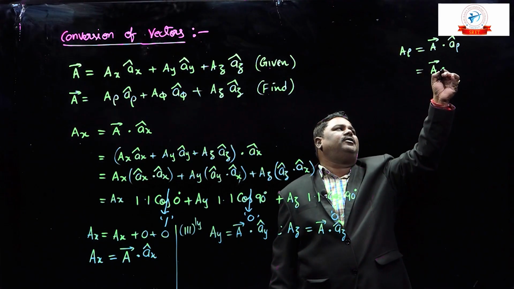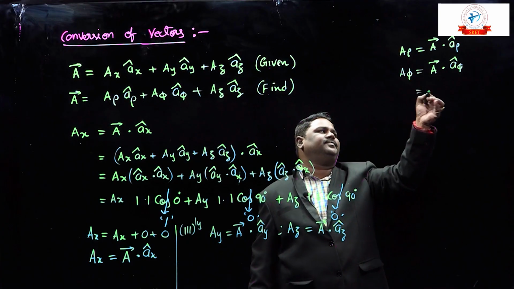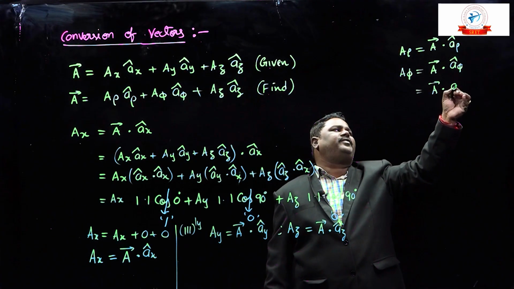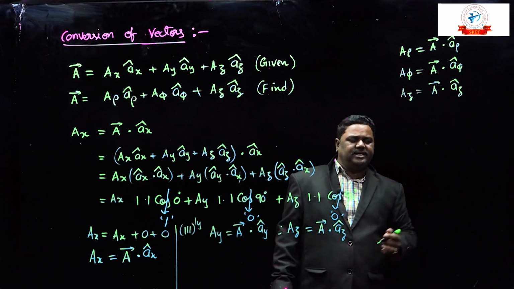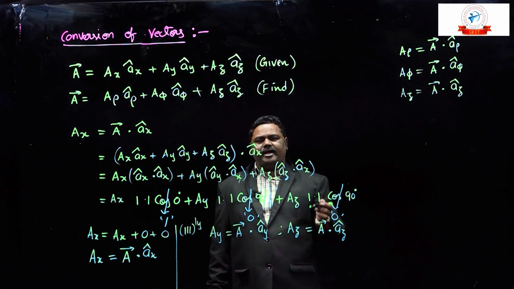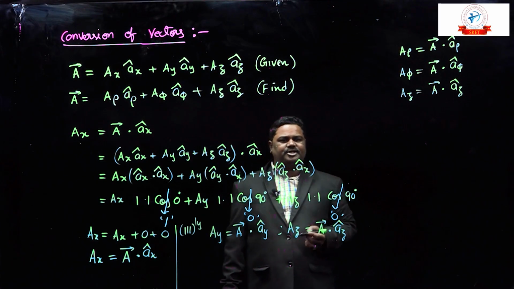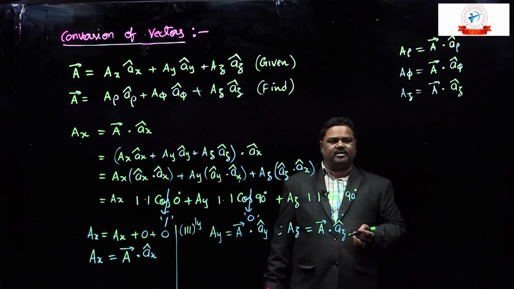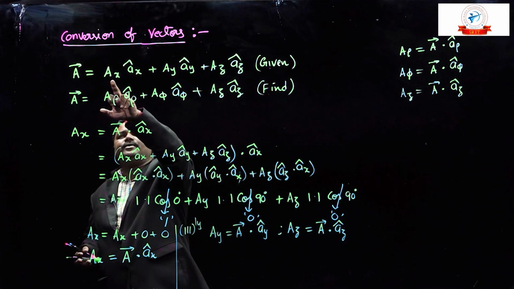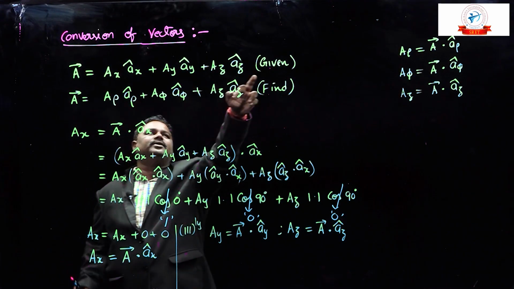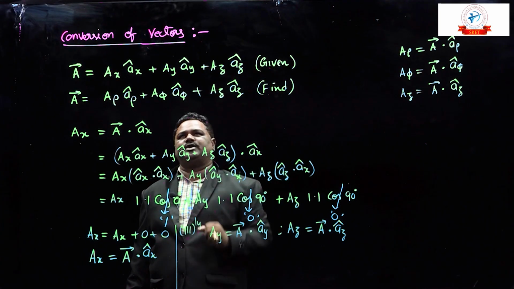A bar dot product with a phi cap will give you the phi component. A bar dot product with az cap will give us the z component. Like this we can extract a particular component from the entire vector equation. This is what we are going to use for the conversion of vectors. Now here we need to find a vector in the cylindrical coordinate system, but the vector is given in the Cartesian coordinate system.